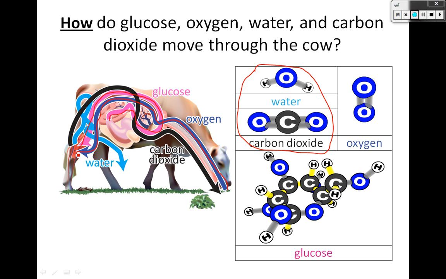Once in the muscle, our products, again, not surprisingly, are carbon dioxide and water. Carbon dioxide comes from the muscle, again carried through the bloodstream, pit stop at the lungs, where it is rapidly exhaled through the nose, and then water travels, I don't know why it travels in a loop here, maybe that's where the cow's bladder is, that's got to be where the bladder is, and then is urinated out. And so that's where the water comes out.